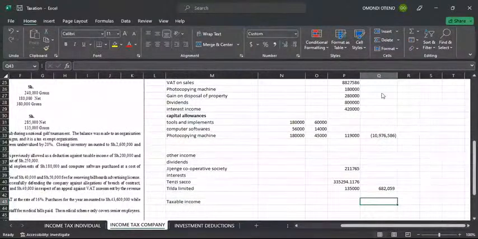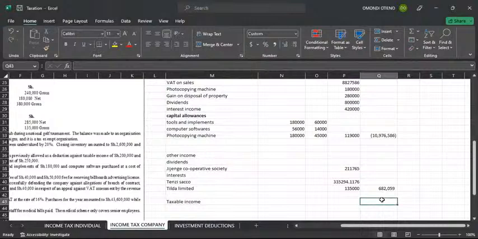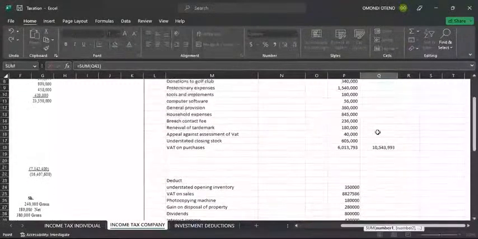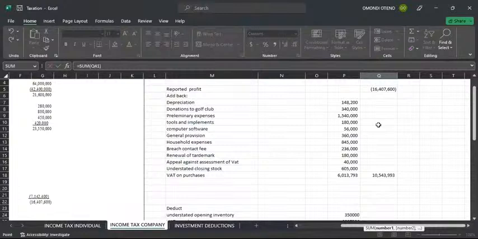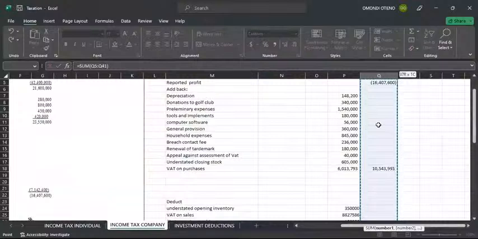The summation of these values in column Q. Ni ngapi? Yes, let me see your figures. Negative 16, 158, 134.